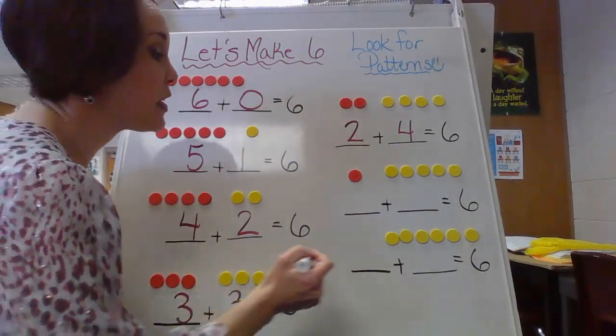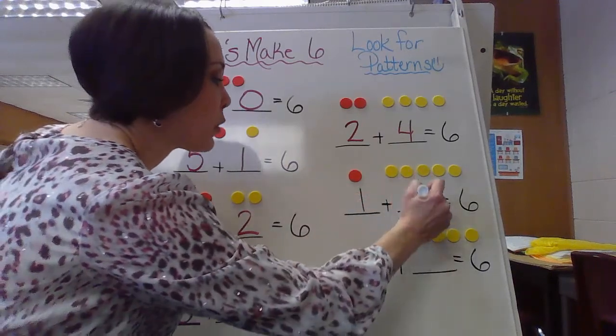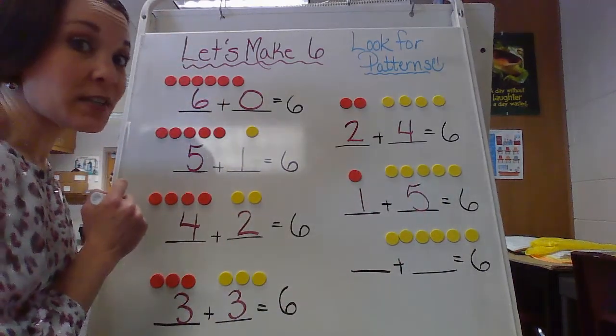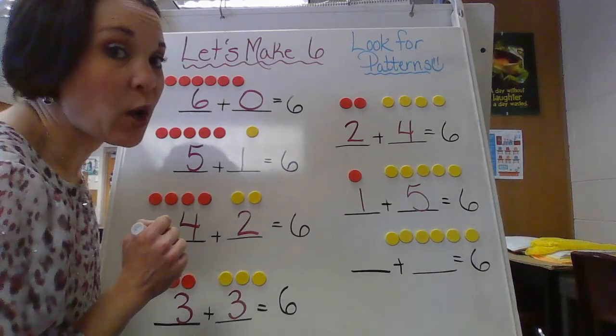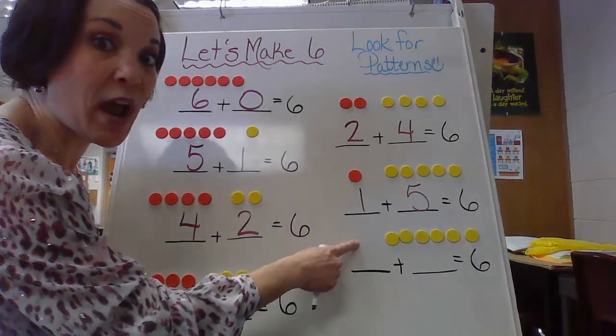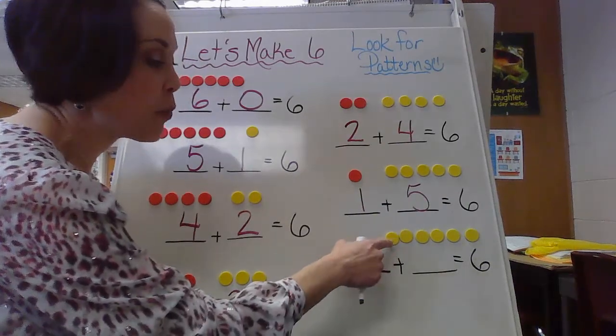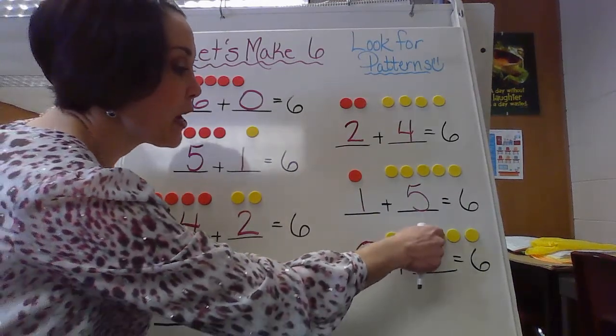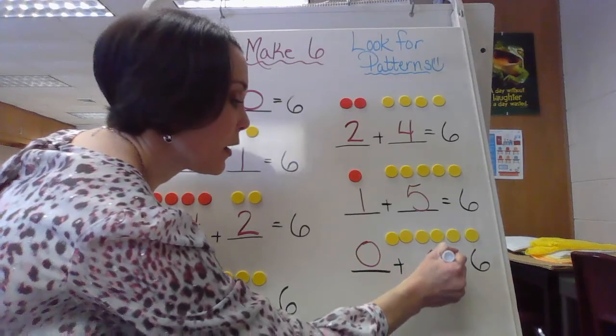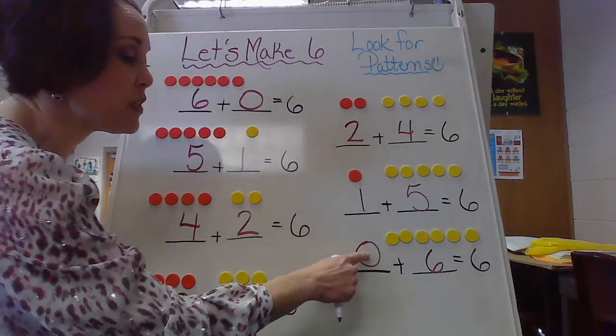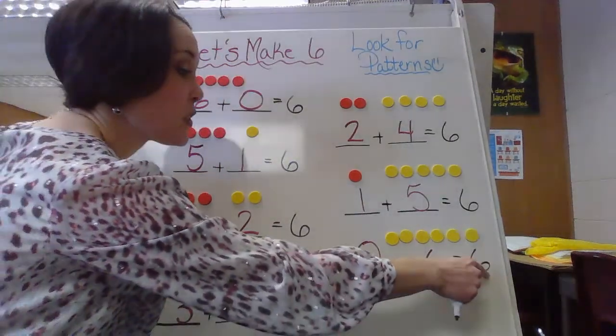So my number sentence here is going to be 1 plus 5 equals 6. Here's our final one. No reds this time. So that means I have 0. How many yellows? 1, 2, 3, 4, 5, 6. So my number sentence here is going to be 0 plus 6 equals 6.